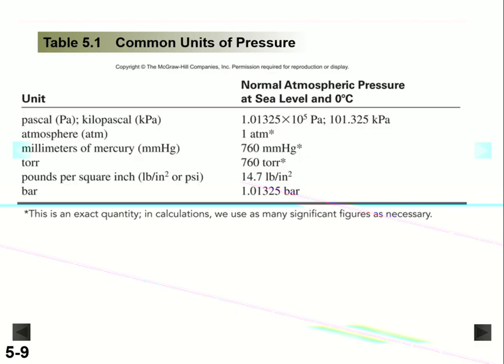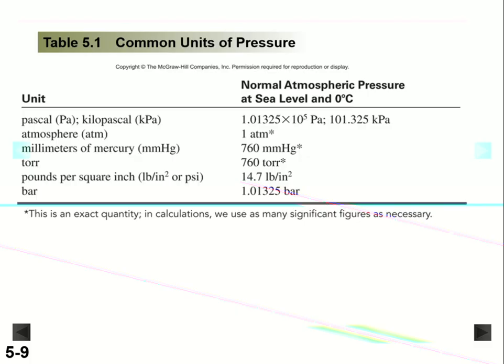You will see that for some American products, but most engineering and science labs will use pascals, atmospheres, millimeters of mercury or torr, or bar. Millimeters of mercury and torr are equal to one another. Torr is a callback to Torricelli, who did early work on properties of gases.